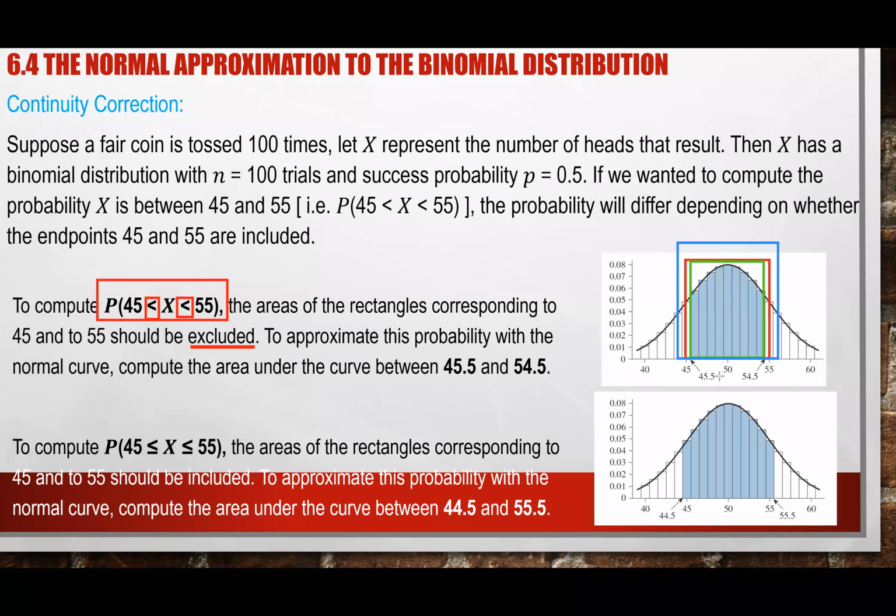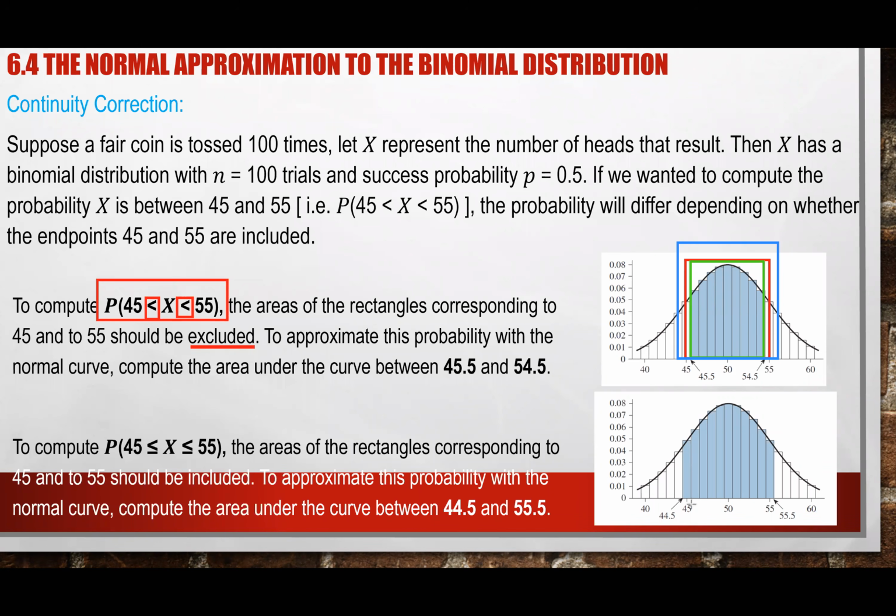So as you can see right here, 45, I want to make it smaller. I move it inward, I move it to the right. And because I move it to the right, I add 0.5. 55, I move it inward, which is I make it smaller, I move it to the left, I subtract 0.5.